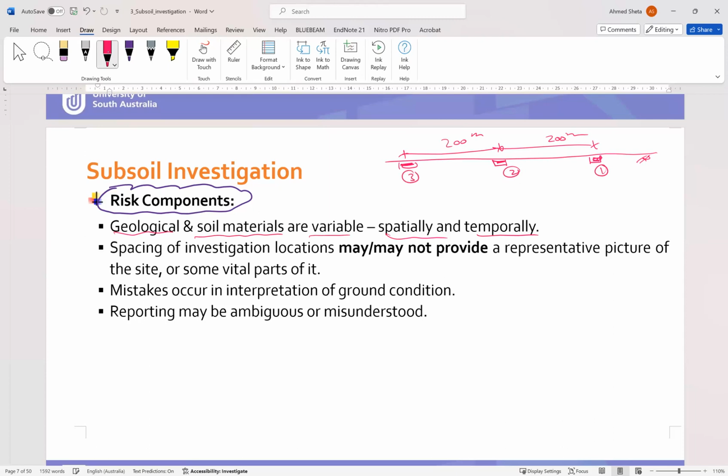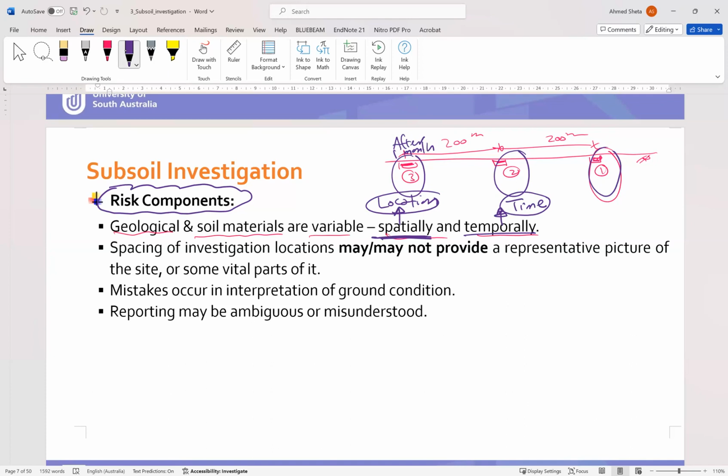The soil in this area and this area and this area are different spatially and temporally. Spatially means due to location, and also if you get to the site after 1 month or 2 months, the soil properties will change. So they also change with time. So the soil properties change with location and with time, which makes it more complicated to study.